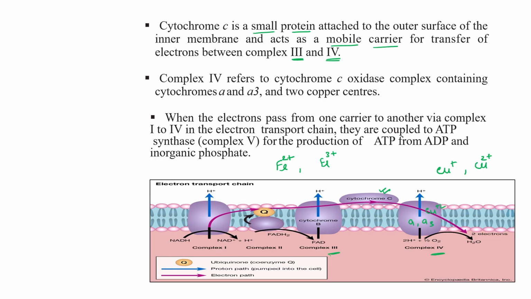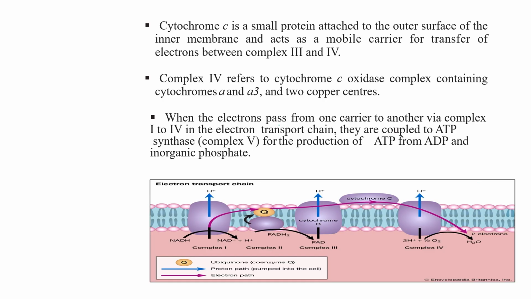That's why in the initial complexes iron acts as the main center molecule in the Fe-S form, and in the last complex 4, the copper ion acts as the main center molecule. They utilize iron and copper to transfer the electron from one carrier molecule to another carrier molecule.